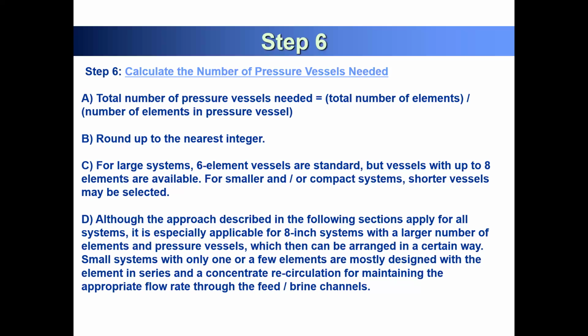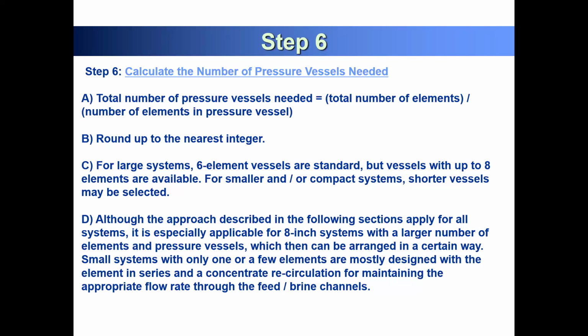Although the approach described in the following section applies for all systems, it's especially applicable for 8-inch systems with a larger number of elements and pressure vessels, which then can be arranged in a certain way. Small systems with only one or a few elements are mostly designed with the elements in series and a concentrate recirculation for maintaining the required flow rate through the feed and brine channel.